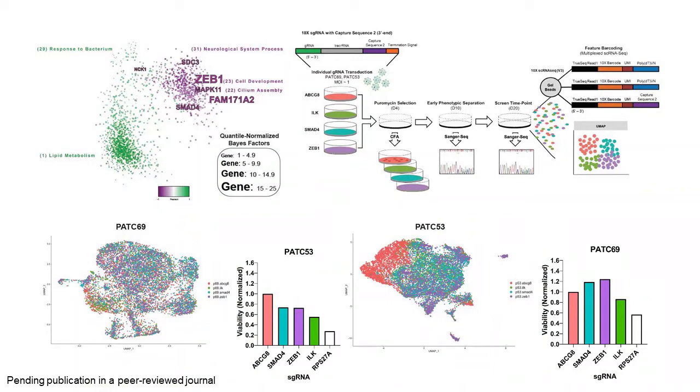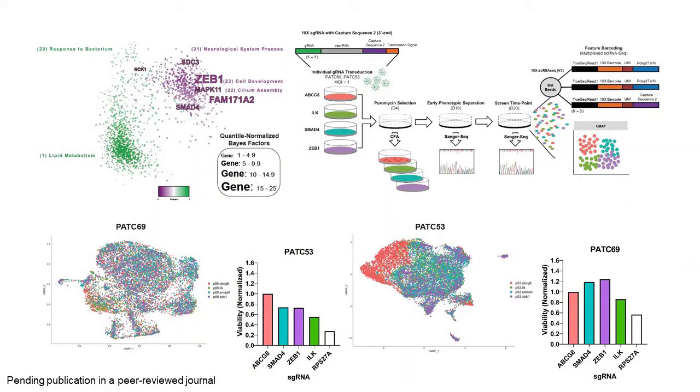And on the left here, you can see the UMAP for PAT69. There's no real difference between any of the knockout conditions and the negative control, suggesting that knocking out these three genes did not have any impact on the transcription of the surviving cells.